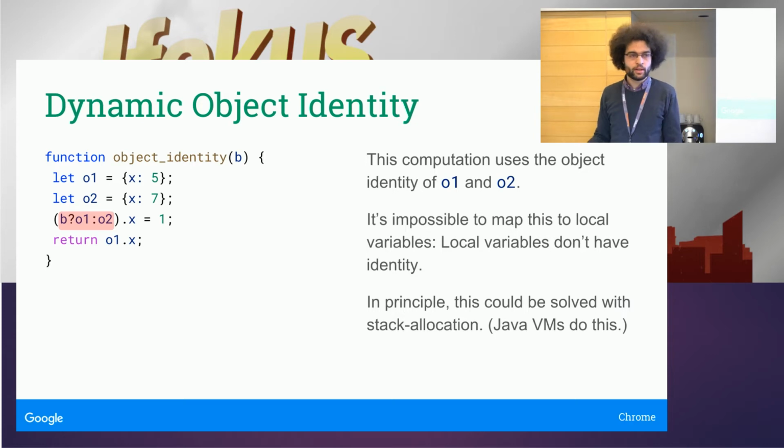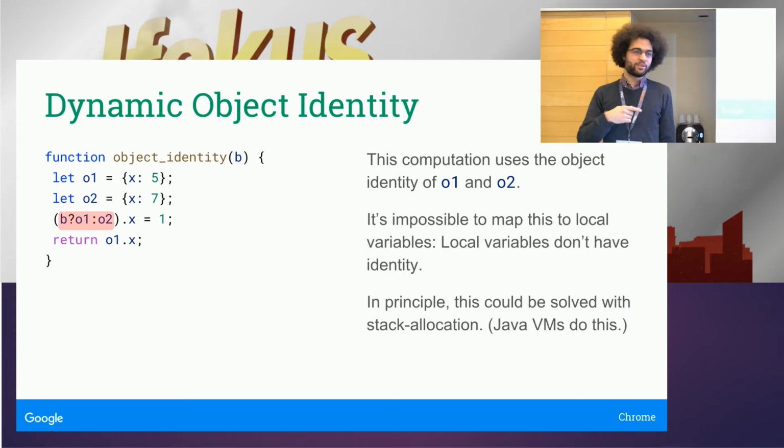So as soon as you do something that depends on the runtime identity, like in this case, we have two objects, and we choose one of them to store into. This kind of corresponds to choosing which local variable you want to store to, but without control flow.